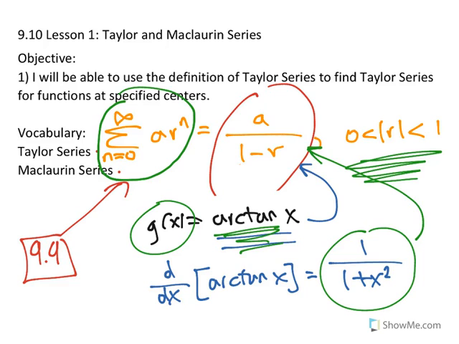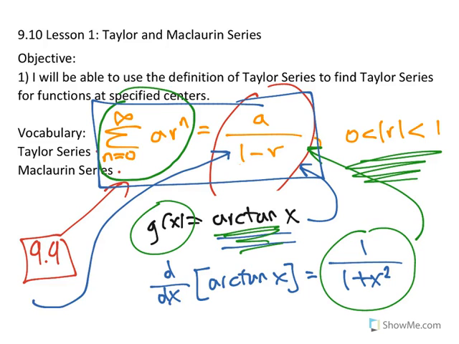So everything in section 9.9 went back to this theorem from the early part of chapter 9 about the convergence of a geometric series. So we were able to represent functions that could either be algebraically manipulated to fit the form a over 1 minus r, or functions whose derivatives or whose integrals could be algebraically manipulated to fit the form a over 1 minus r.